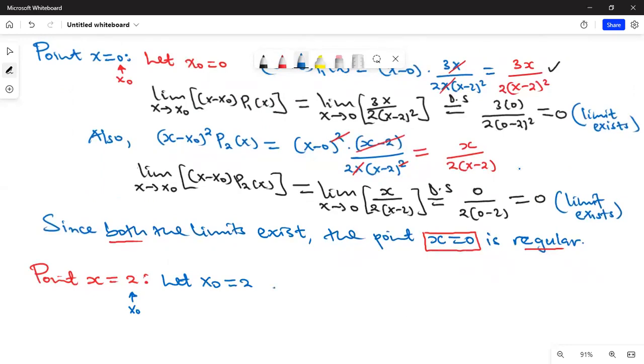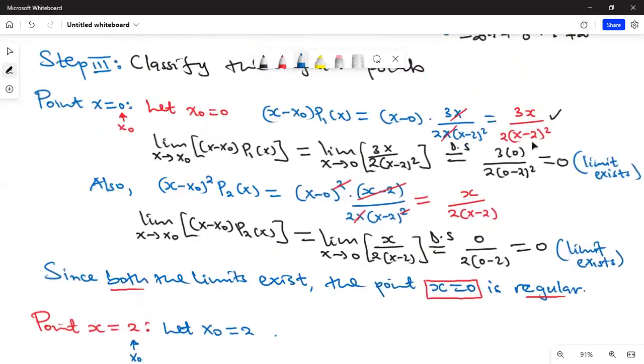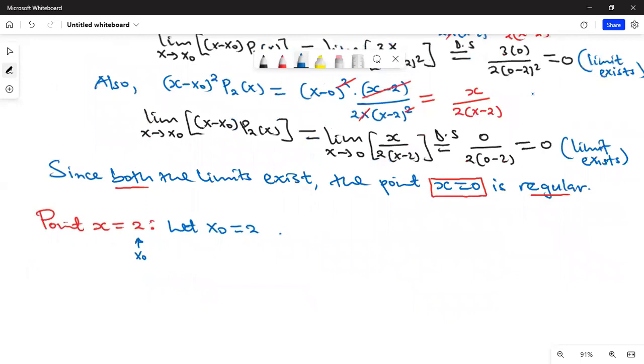The first one is we need to find x minus x naught times p1 of x. So now x minus x naught times p1 of x is the same as x minus 2 times our p1, which was 3x over 2x into x minus 2 squared.